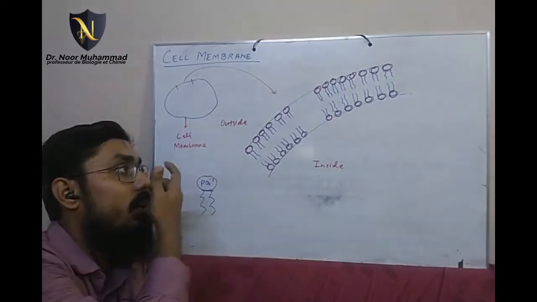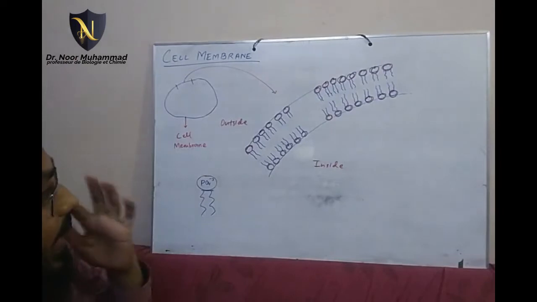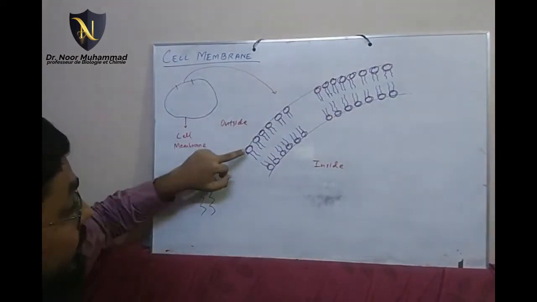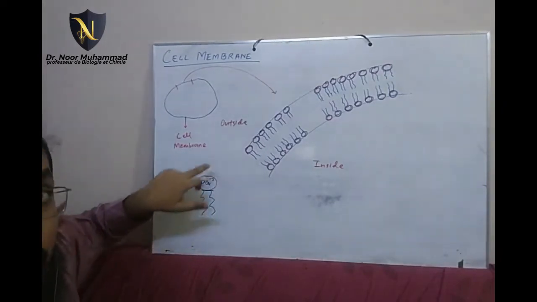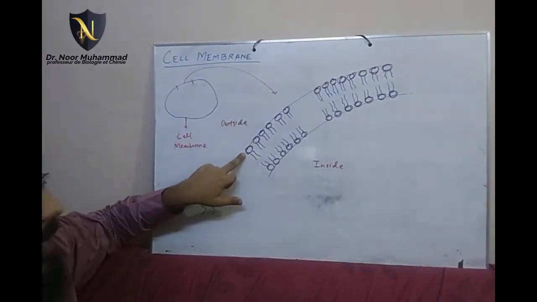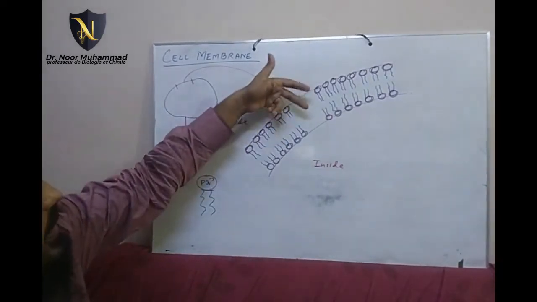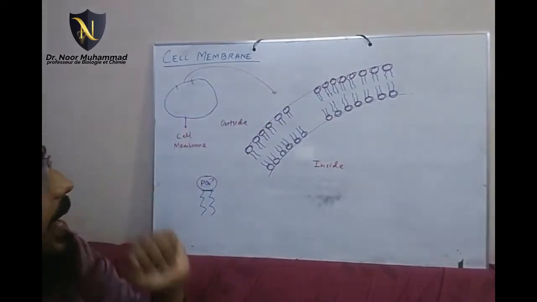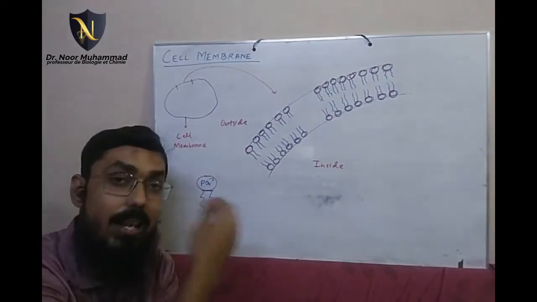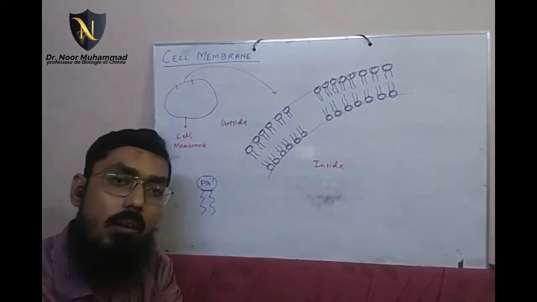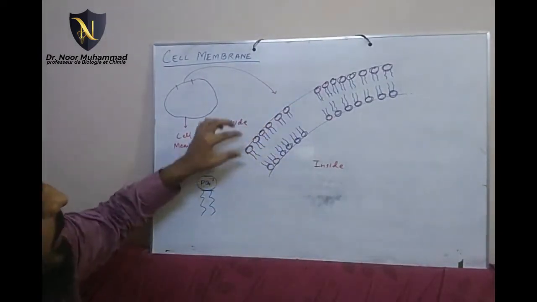So basically this cell membrane is composed of a lipid bilayer, and in this lipid bilayer we have the phosphate group, the polar end. As the phosphate group is charged, due to the charge we say that it's a polar end, whereas these spiral projections that you can see hanging are fatty acids, obviously attached to the glycerol molecule. Okay? So this is a lipid bilayer that has two ends.